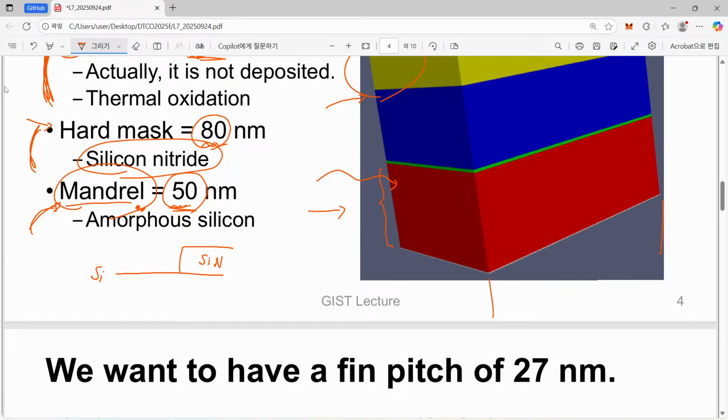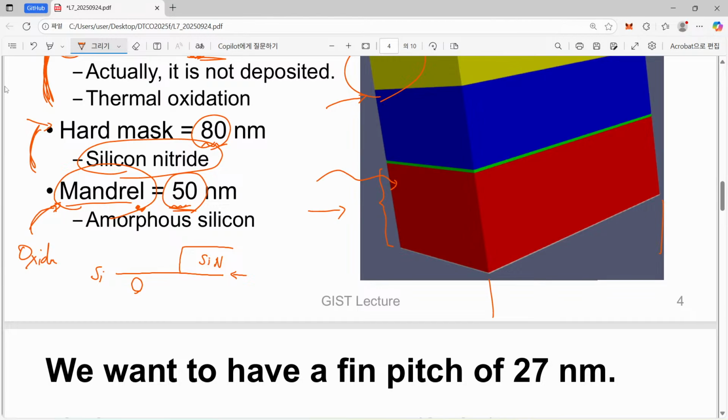So the interface between silicon and silicon dioxide will still be the position of the original silicon. But if we consider oxidization, then some of our silicon is converted into silicon dioxide.